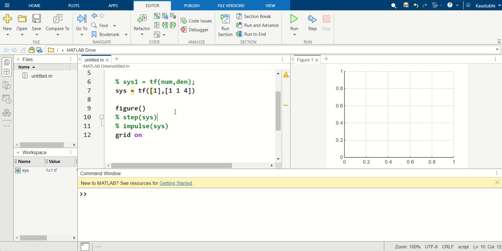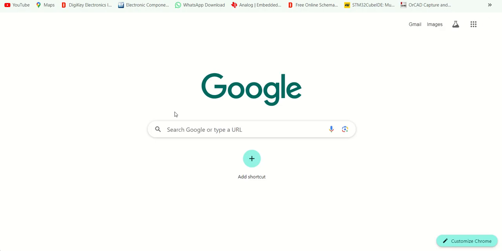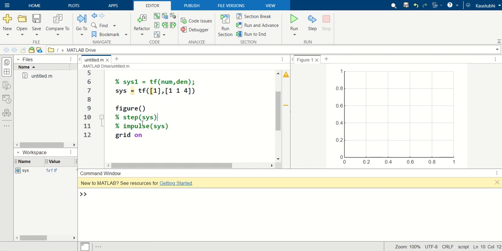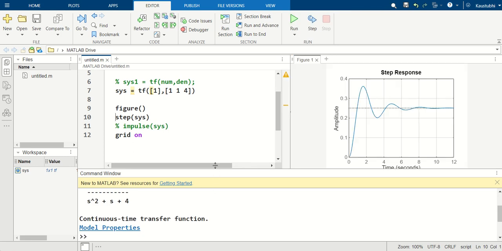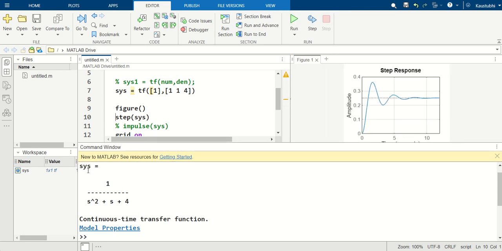My system is displayed as a transfer function. Let us put the step response; I am going to uncomment it, and once you run it, you get the step response of this system. The system is the transfer function of 1 comma 1 1 4, which is 1 by s square plus s plus 4, and you can see this is my step response.